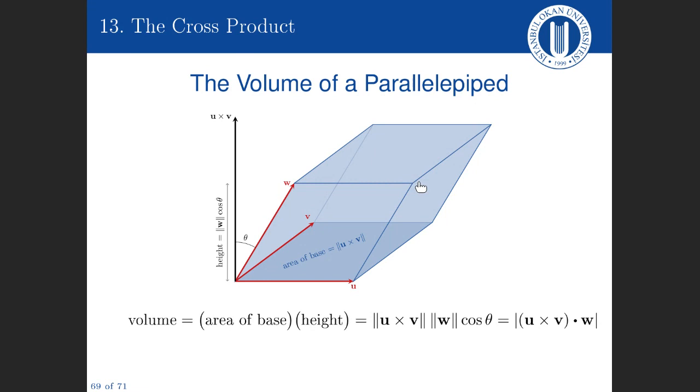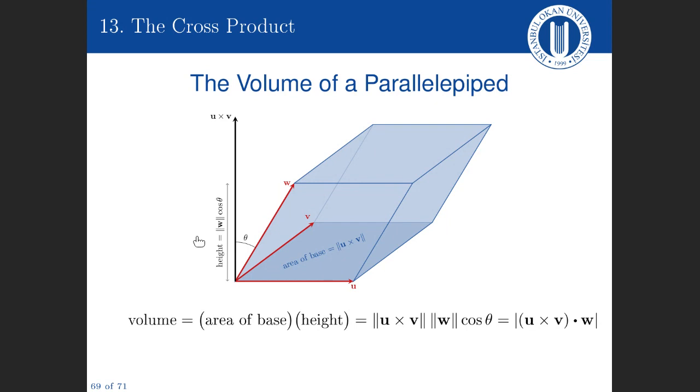This three-dimensional object which I've drawn, in which all of the 6 sides are parallelograms, is called a parallelepiped. The base of this shape is a parallelogram. We know the area of a parallelogram is the norm of u cross v.